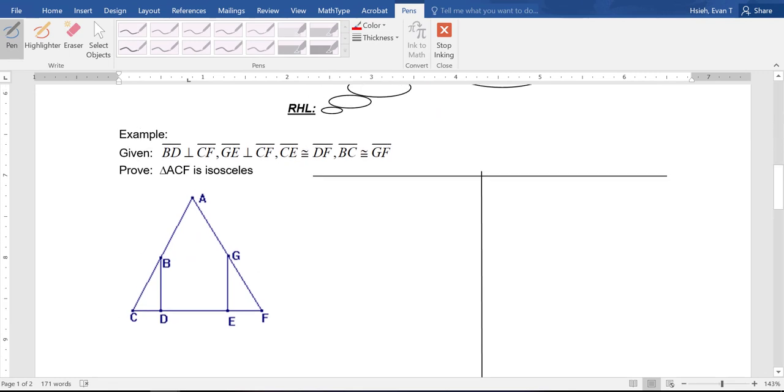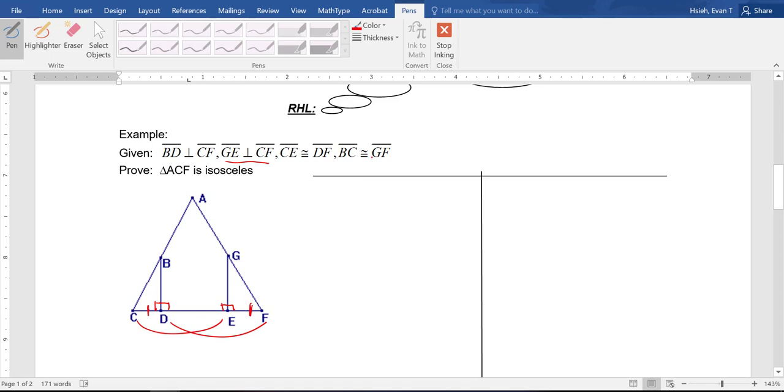So BD is perpendicular to CF, so I have right triangles here and here. GE is perpendicular to CF, right angles. CE is congruent to DF. Hopefully you can see the overlapping segments. From that, you know that CD has got to be congruent to EF.